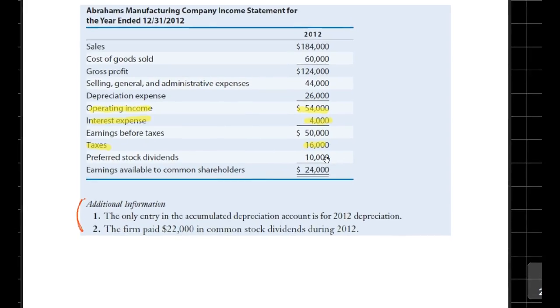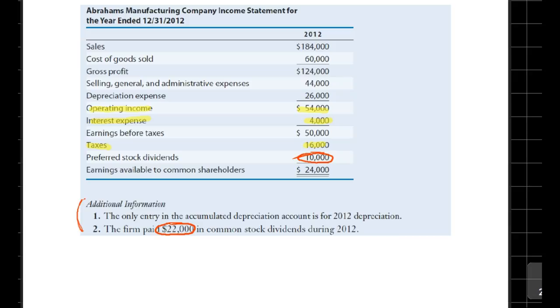We realize that dividends paid has 2 pieces. The first piece is preferred stock dividends, which amount to $10,000. Second, the firm also paid common stock dividends in the amount of $22,000. We need to consider both of these in our calculations.